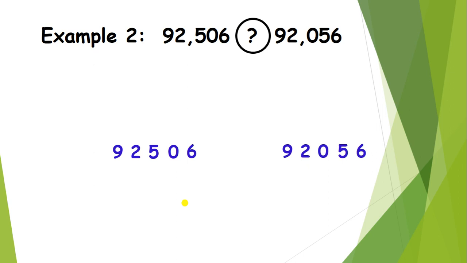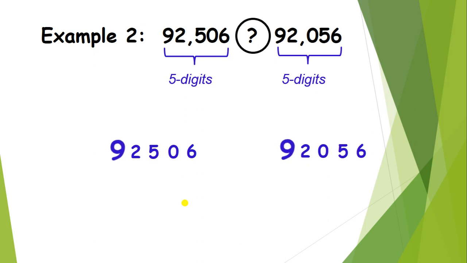Let's see one example. We will take two numbers, 92,506 and the second number is 92,056. Now in both numbers the number of digits are same. In the first number there are 5 digits and in the second number also there are 5 digits. So let's compare the numbers from the left side. The first digit is 9, which is same for both numbers.